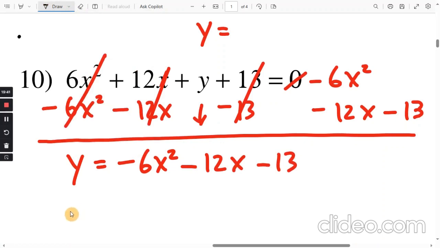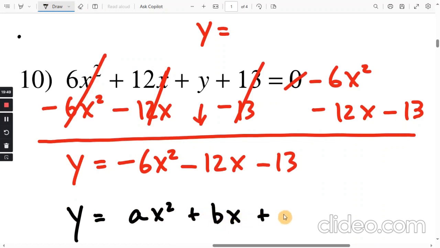All right, now this is in the form of y equals ax squared plus bx plus c. All right, we can see the value for a is negative 6. We can see the value for b is negative 12.